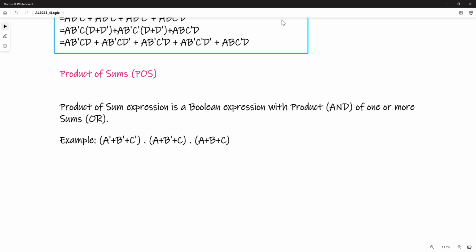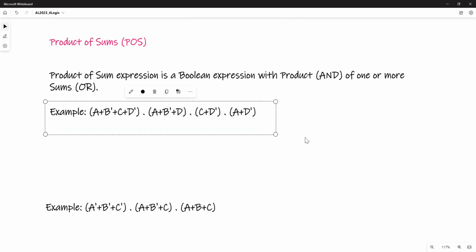So, I want you to update the example like this, because the point here is that it is a product of sums. Any combination of sums with a product can be considered a product of sums, right? What I want to tell you is the standard one, which is one I actually missed.